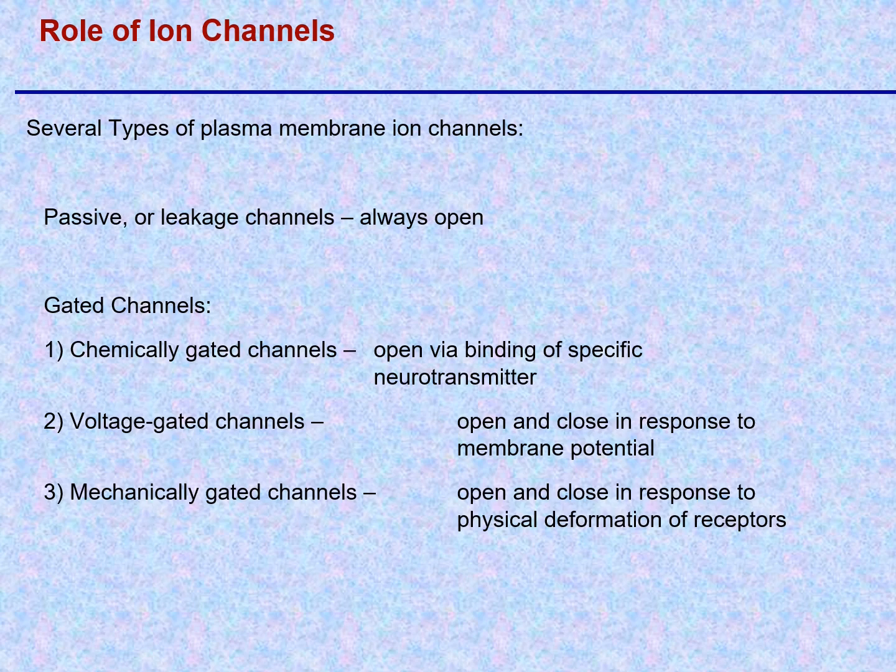These are the kind of things you get on the membrane of cells that can respond to pressure, touch, where you get a physical deformation and then the gate opens or closes. We're going to go through these because there's quite a bit to each of these different types.